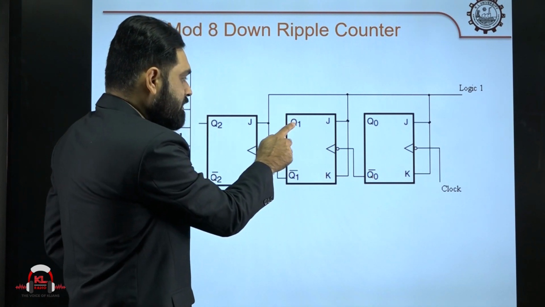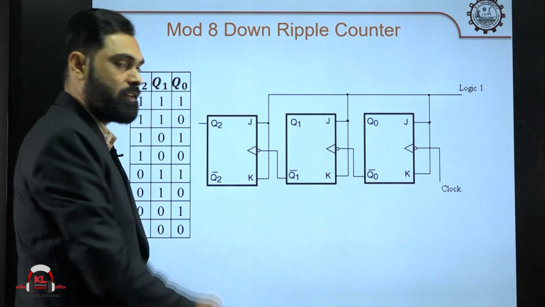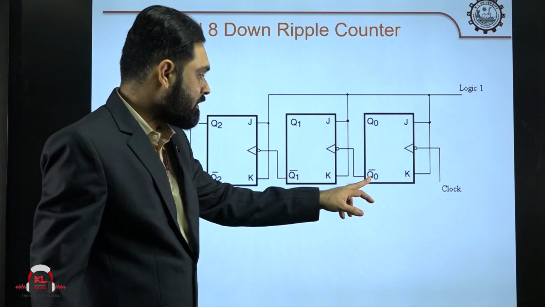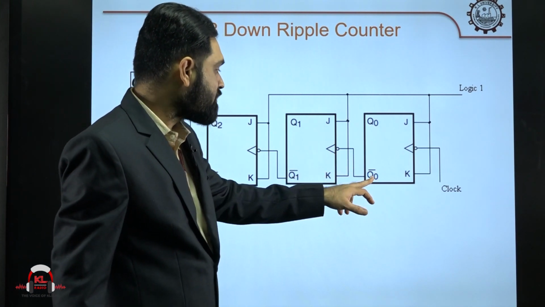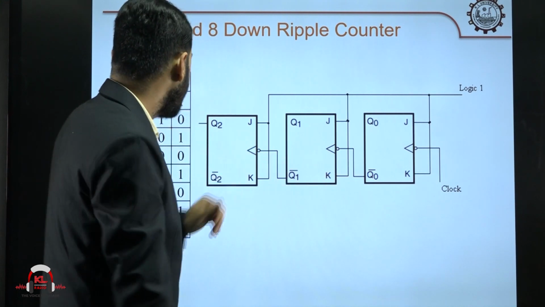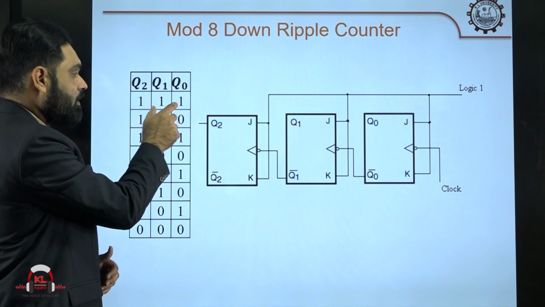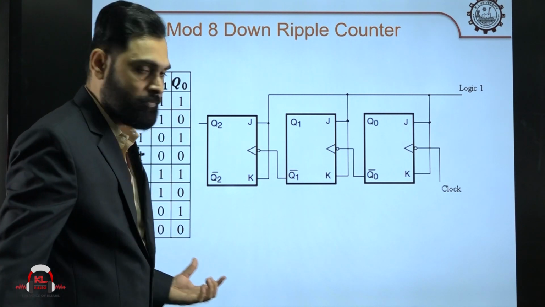And for this flip flop also, instead of connecting Q1 to the clock, Q1 bar is connected. So, whenever the inverse outputs are connected to the next flip flops as clock pulses, the value starts with 1 1 1 and every time decrements, finally ending with 0 0 0.